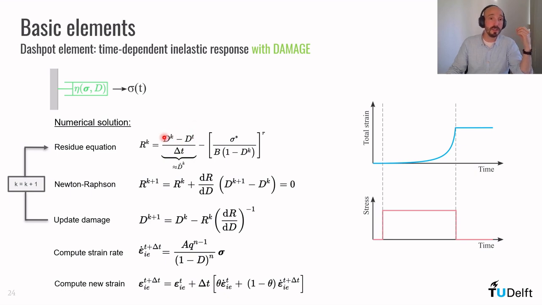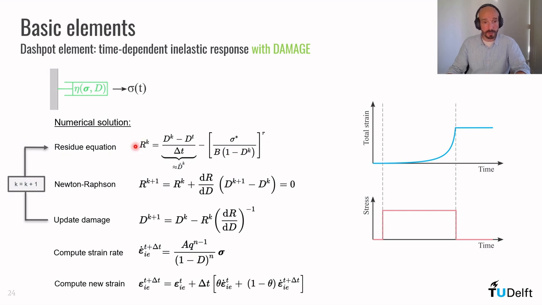I don't know the damage at the current time level, but I know the damage at the previous time, divided by the time step size, and then I have this term here. What I want to find out here is what is the damage that I have to introduce into this equation such that the residue is zero or at least below a certain specified value. Okay, so this is the residue.